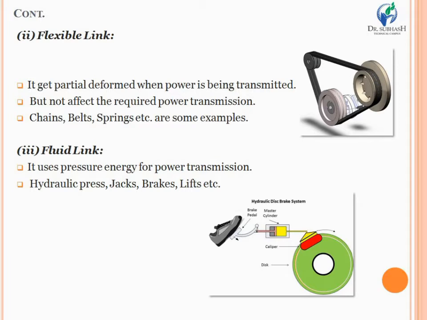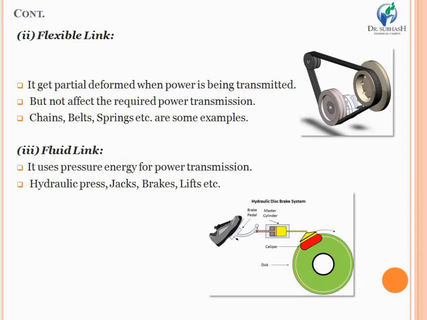Generally chains or belts, springs, rubber links, such types of links are known as flexible links. Then the third type of link that we are going to discuss is the fluid link, and generally the links which transmit motion by virtue of fluid pressure are known as fluid links.